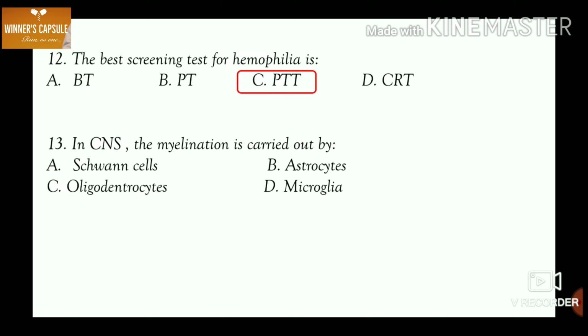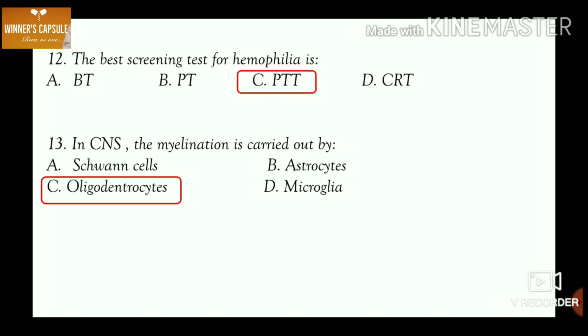13th one, in CNS, the myelination is carried out by A. Schwann cells, B. astrocytes, C. oligodendrocytes and D. microglia. Answer is option C, oligodendrocytes. Schwann cells, which are present in neurilemma, are responsible for myelin sheath formation. But in the central nervous system, neurilemma is absent and myelination is carried out by the oligodendrocytes.